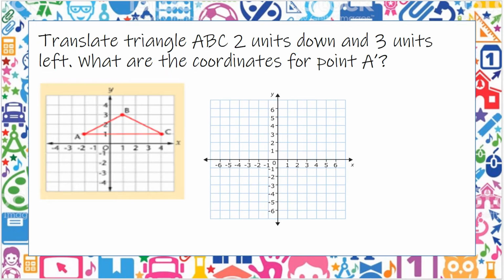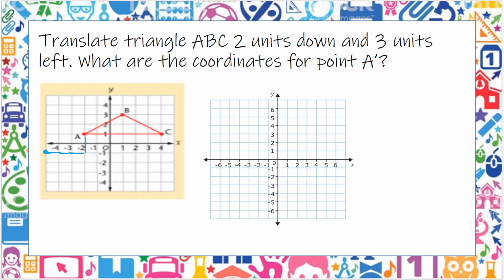Translate triangle ABC 2 units down and 3 units left. Okay, so I'm just going to start with point A here. So 2 units down, 1, 2, and 3 units left, 1, 2, 3. So A prime, when you translate, reflect, or rotate a triangle, it is A prime.